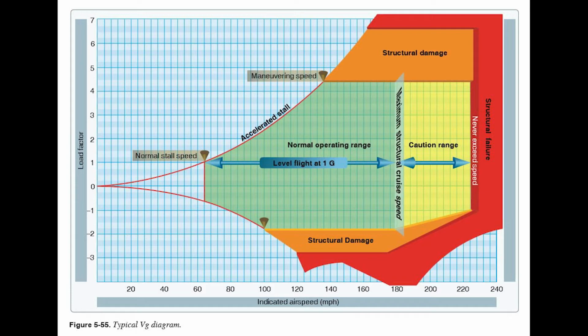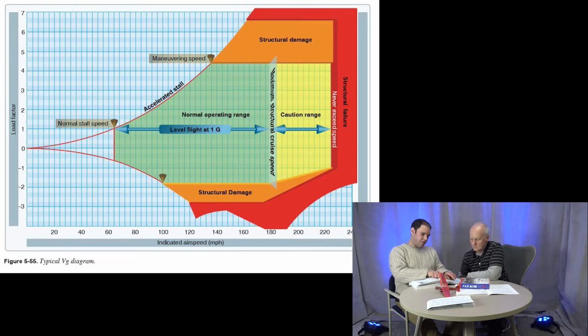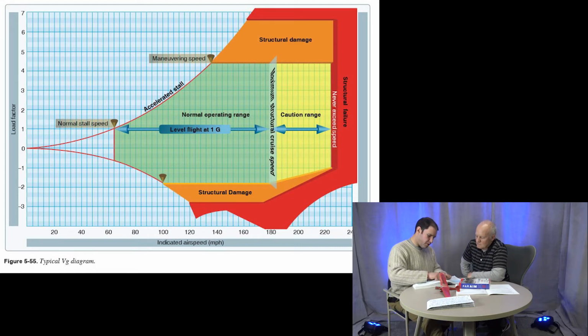It's not a good idea. Control surfaces can develop vibrations. We call it flutter, which can actually do things like stretch control cables or even break hinges on controls. So you don't want to go that fast. But in this green range, you have that speed from your stall speed on the bottom to your never exceed speed on the top. And then you have your G load, all the way up to your maximum.